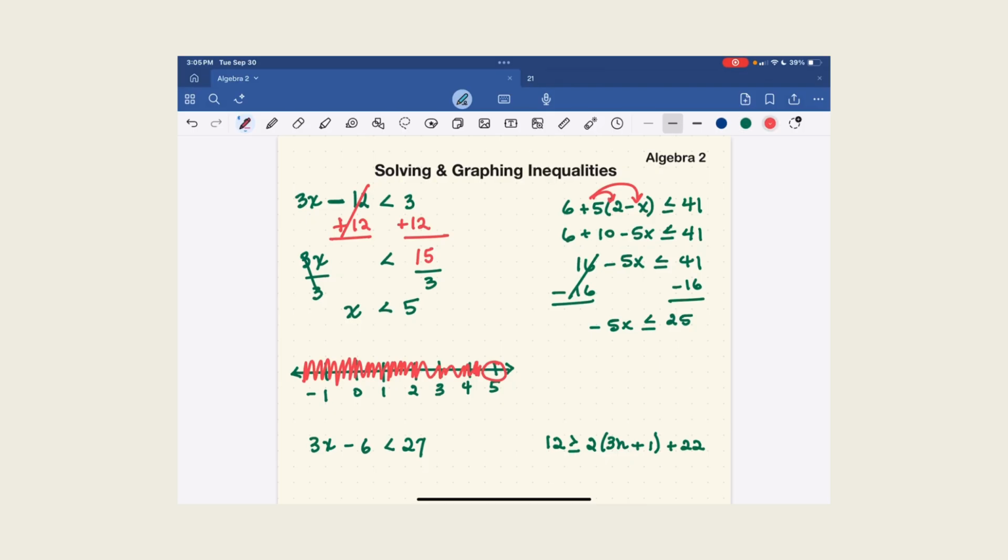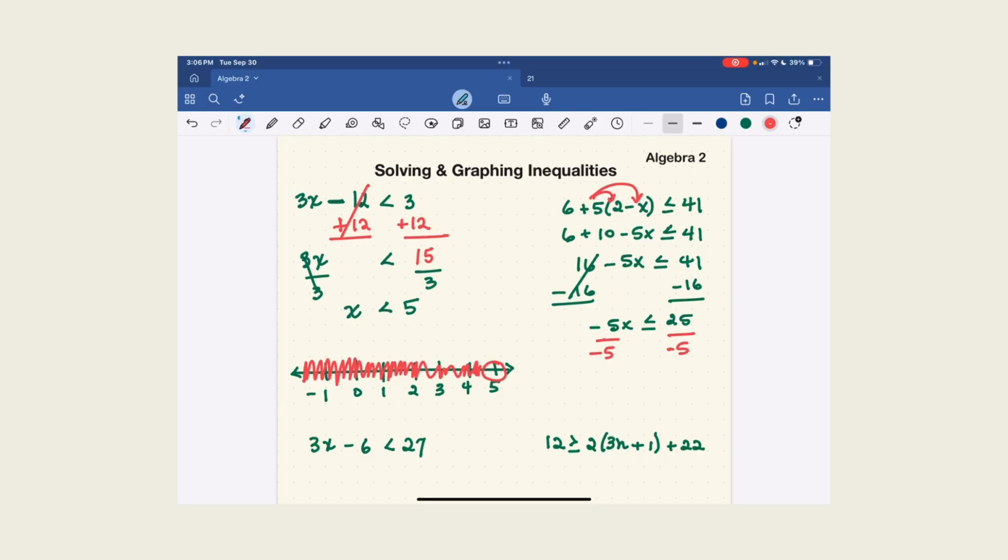Now, a reminder that when we divide or multiply inequalities by a negative number, it changes the direction of the inequality sign.